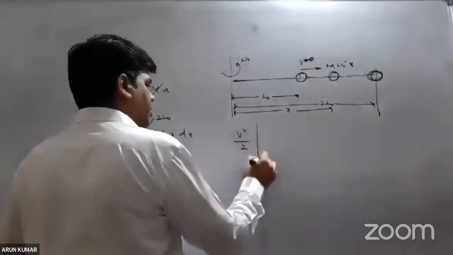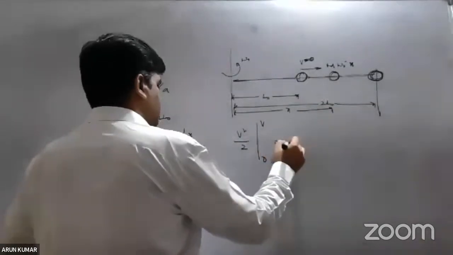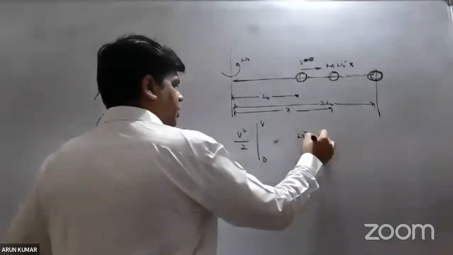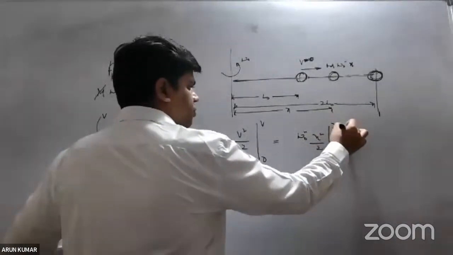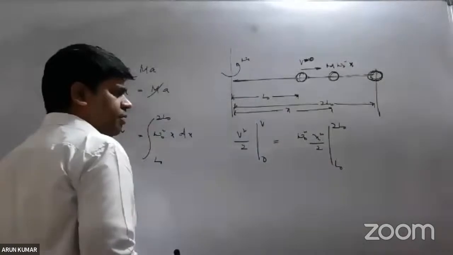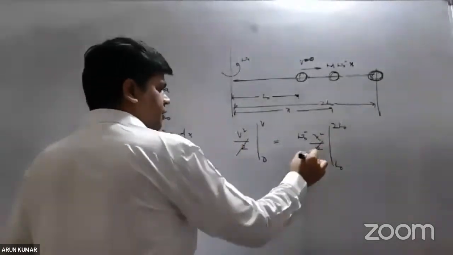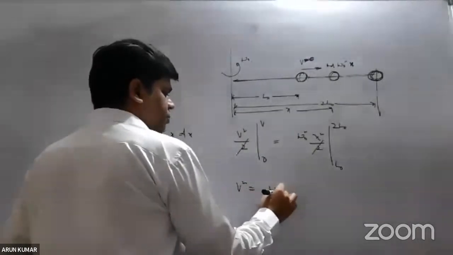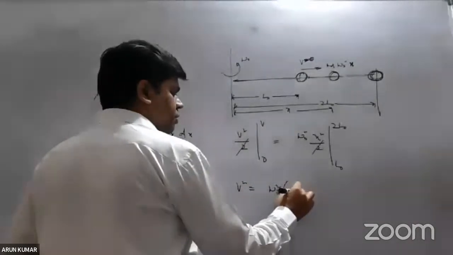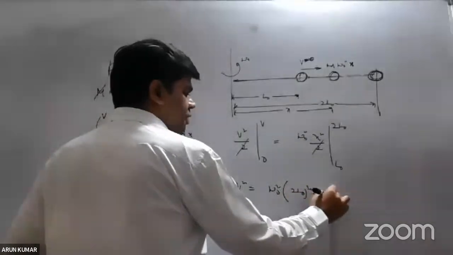v square by 2 under limits 0 to v is equal to omega square x square by 2 under limits L naught to 2L naught. 2 gets cancelled out here. I'll have v square is equal to omega square into 2L square minus L square.